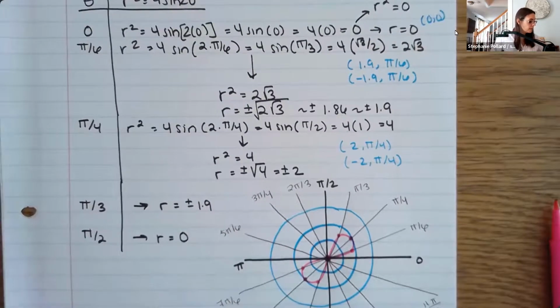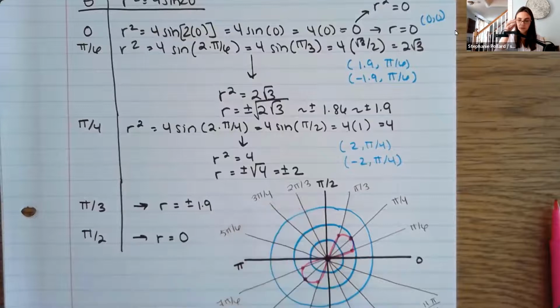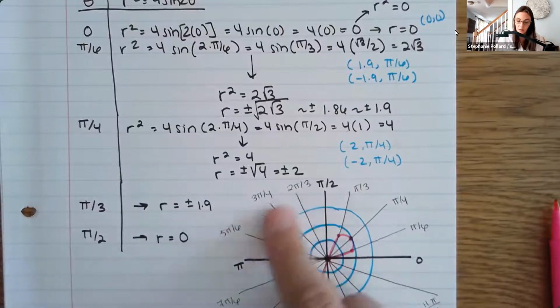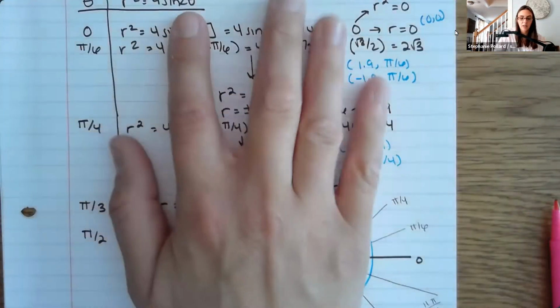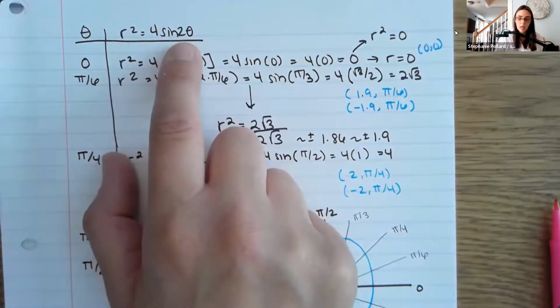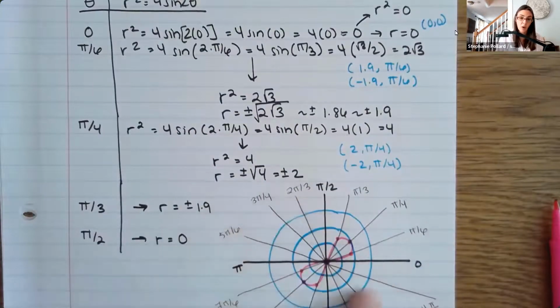Let's say we start plugging in 2 pi over 3, etc., for our thetas. Don't forget, you're not just plugging in theta, it ends up being 2 times theta. So if you're multiplying these by 2, then it's going to be in the third or fourth quadrant.